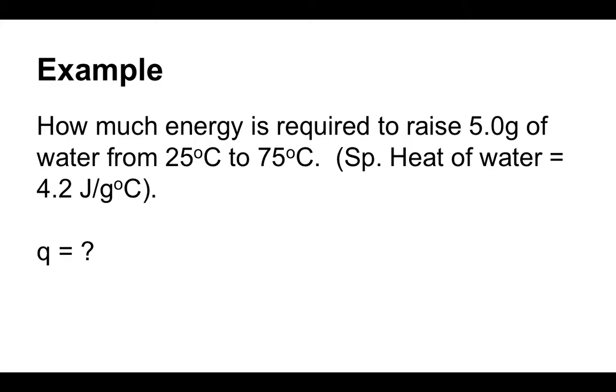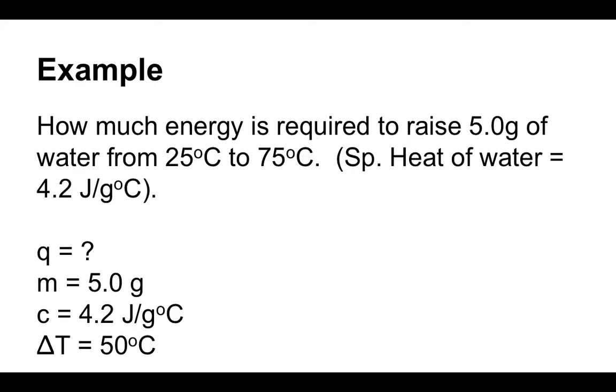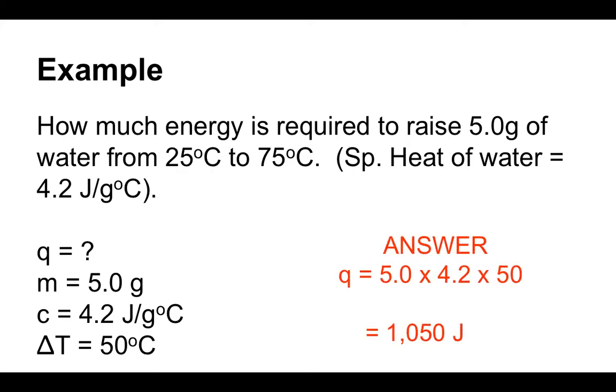So we're looking for Q, which is the amount of energy. We know mass is 5 grams. We know the specific heat, given in the problem, is 4.2 joules per gram degree Celsius. And we know delta T, which is final minus initial: 75 minus 25 gives us 50 degrees Celsius. So we calculate 5 times 4.2 times 50, which gives us 1,050 joules of energy.